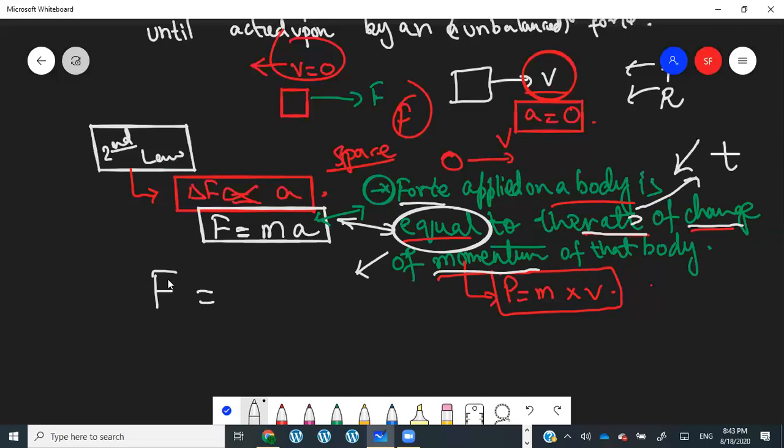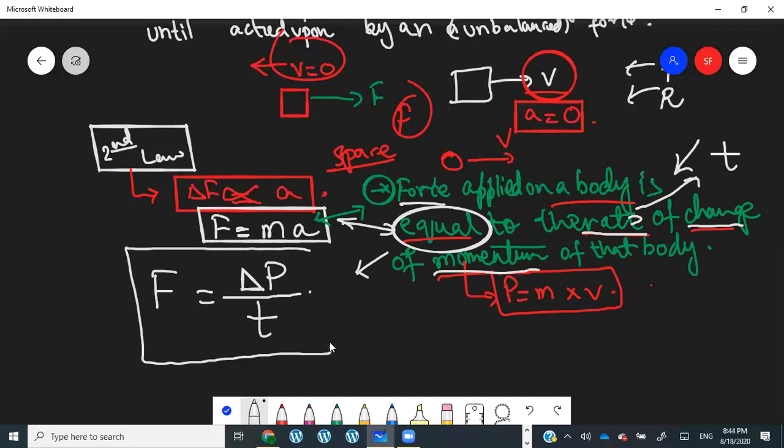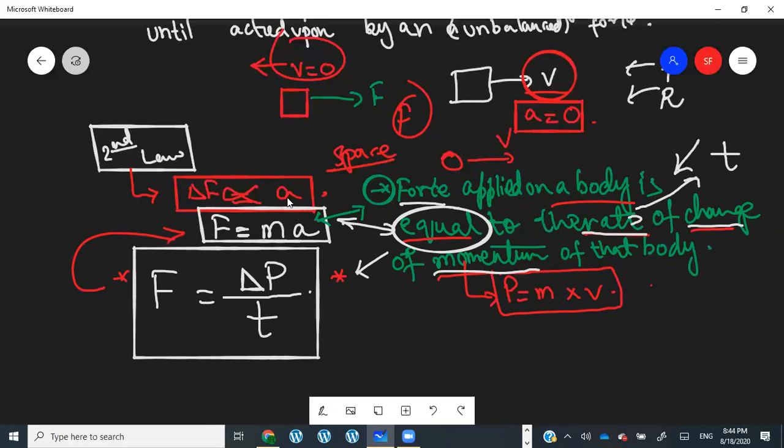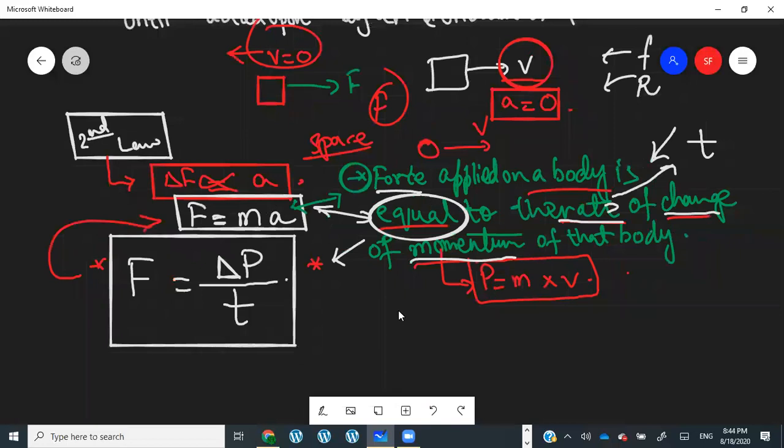So force applied on a body is equal to the change in momentum divided by the time. This is called the rate of change of momentum. This is the mathematical format of Newton's second law. And this format can be used to derive the first equation that we used to write in O levels.